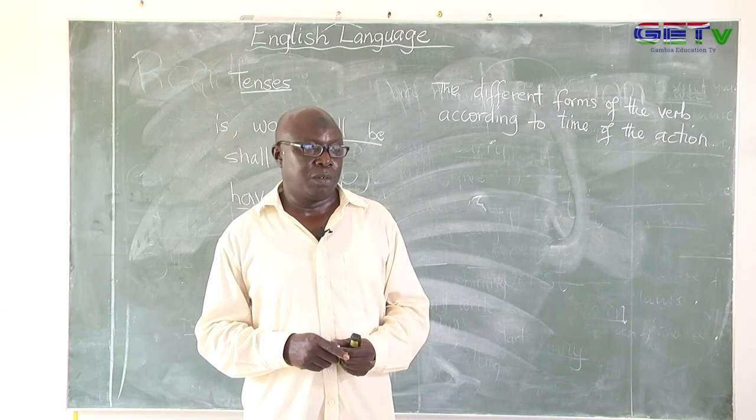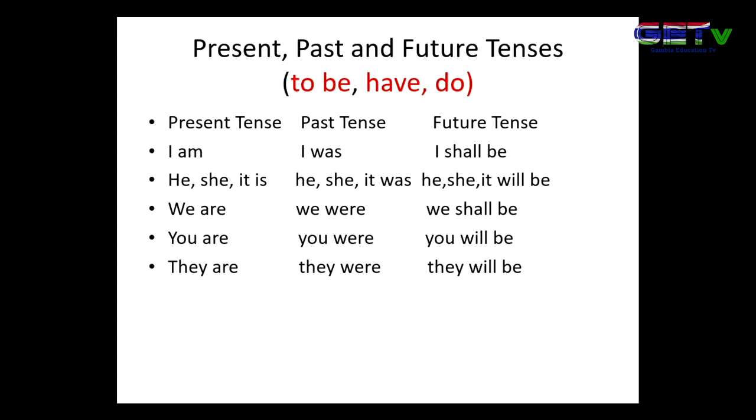In the past, for example yesterday, we say he was, she was, it was, and we also say I was. In the future, we say I shall be. We say he will be, she will be, it will be.